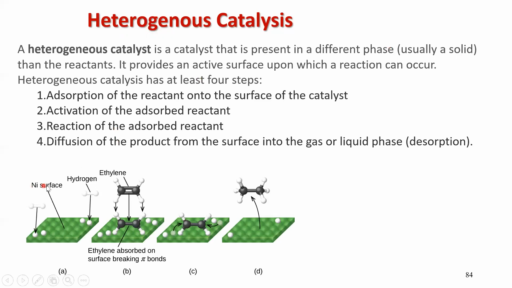There's the step where the reactants come in and kind of attach themselves to the solid catalyst. Then we have the reaction actually taking place on the surface of that catalyst. And then we have the products being released from the catalyst.